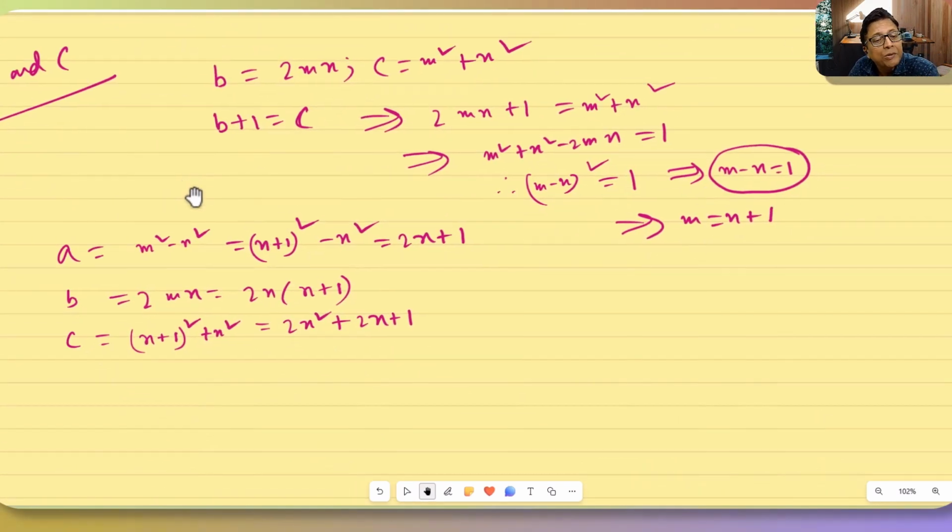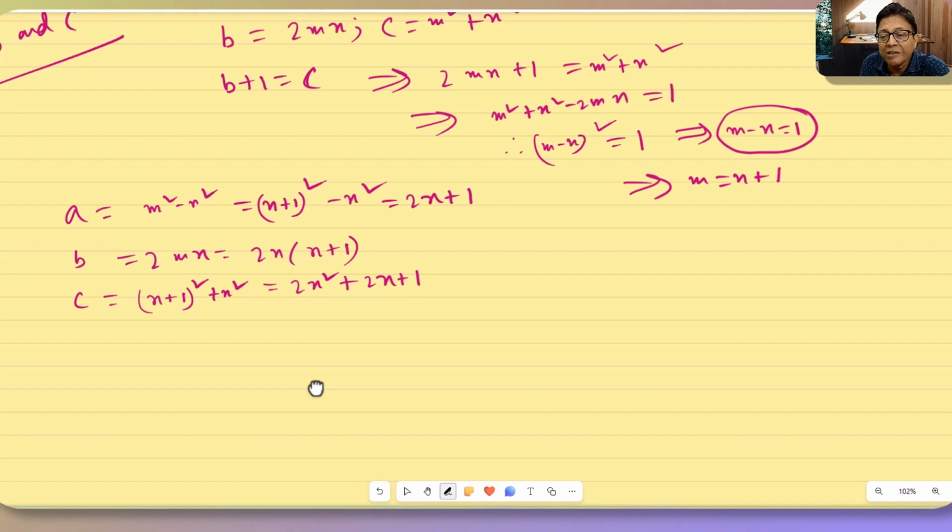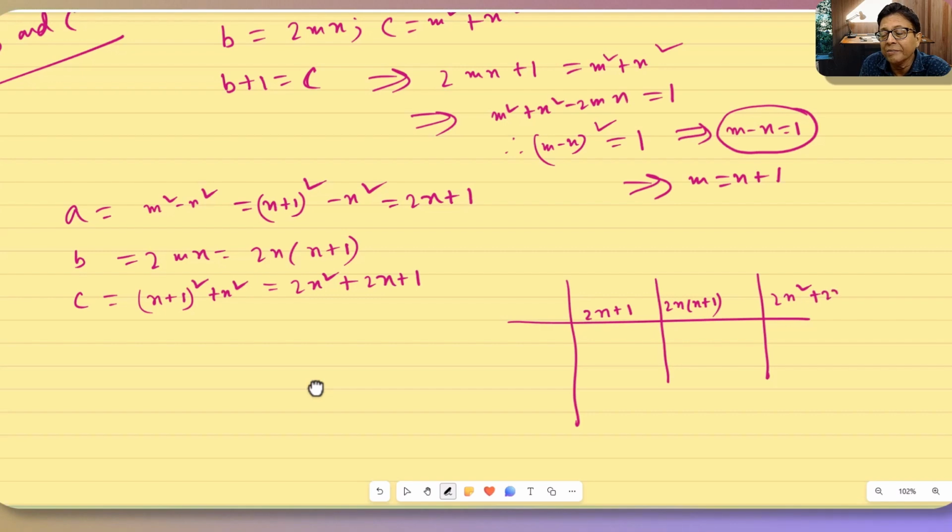Hope you have understood. So now when b and c are consecutive integers, we got integers in this form. One of them is 2n plus 1, the other one 2n(n plus 1); this is odd, this is even, and this one is always odd, 2n square plus 2n plus 1. Okay?